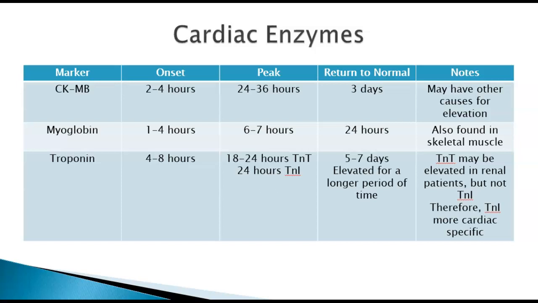They were able to say, hey, these particular enzymes came straight from the heart, so that's your CK. CK-MB onset is 2 to 4 hours. So it'd be 4 hours after their chest pain before you even see this elevated, and it may be a whole day before it peaked. So that really wasn't a very effective way to find out if someone's having an MI right now.